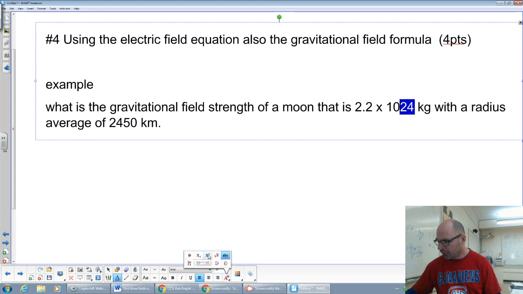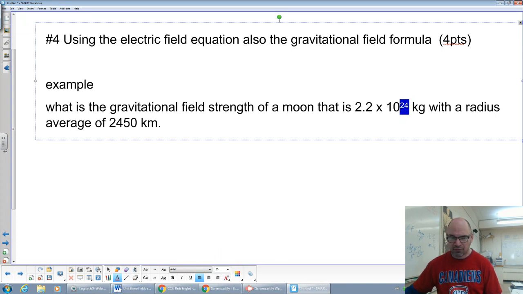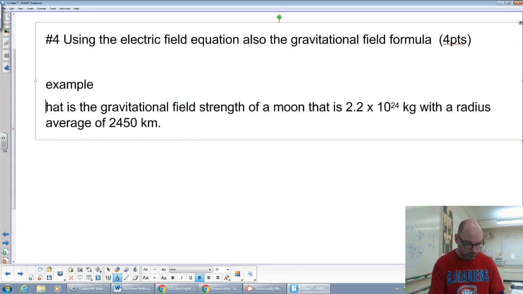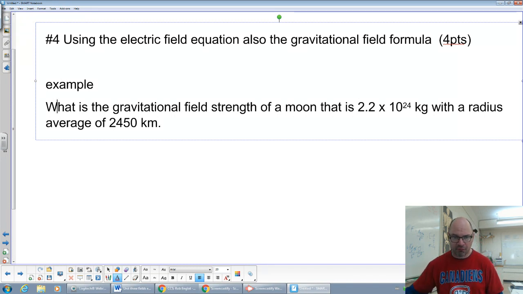Okay, so our gravitational field formula is what we're going to be looking to use in this one. You won't have to worry about memorizing the formulas, they'll be on the top of the exam. The gravitational field formula and also the electric field formula will be on the exam, in different spots, obviously.